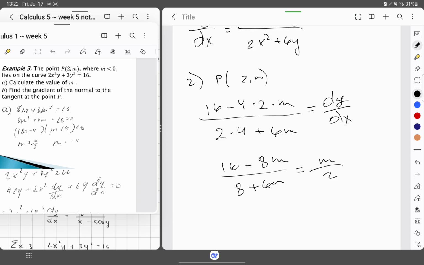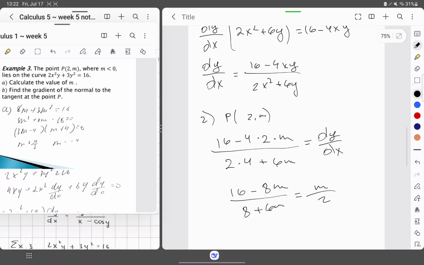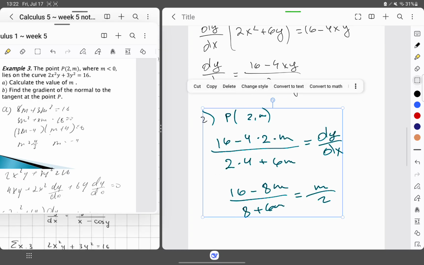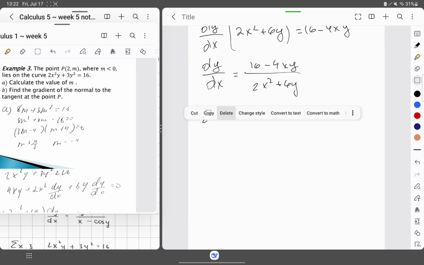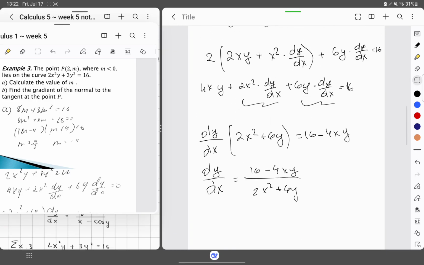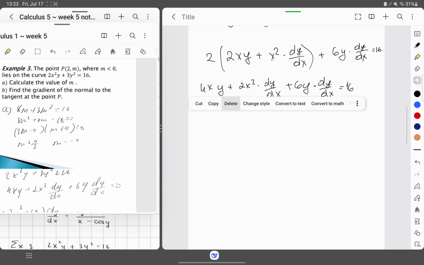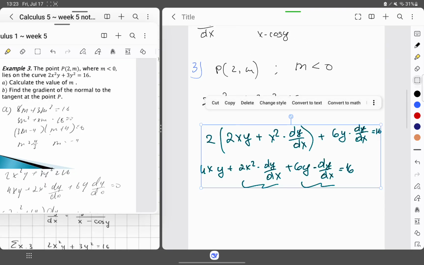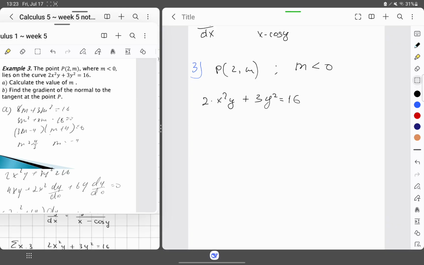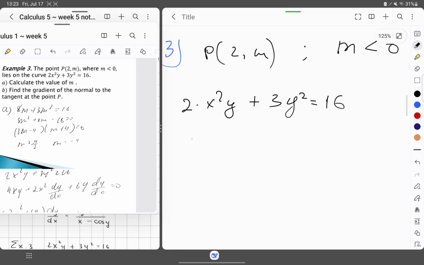I think that I'm doing it wrong, but let's try this again. What is my mistake, guys? There must be something wrong here. Again, delete. So 2x squared y plus 3y squared equals 16. Okay. What is the derivative of this one?